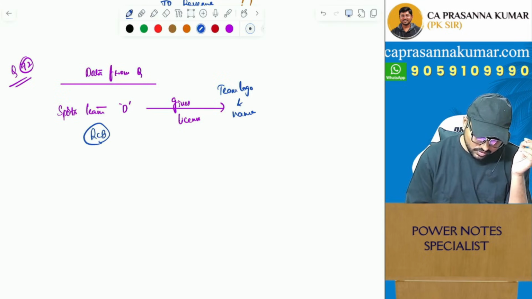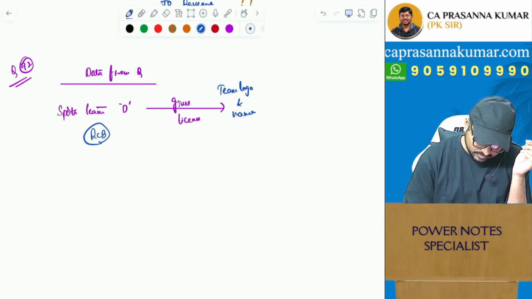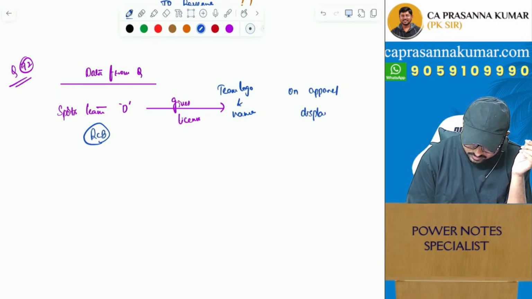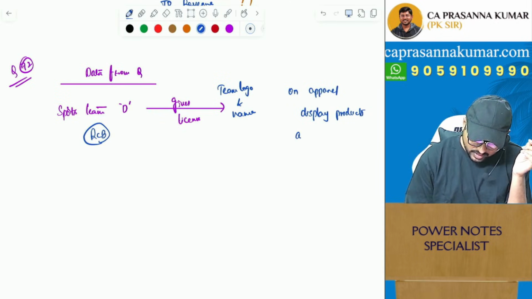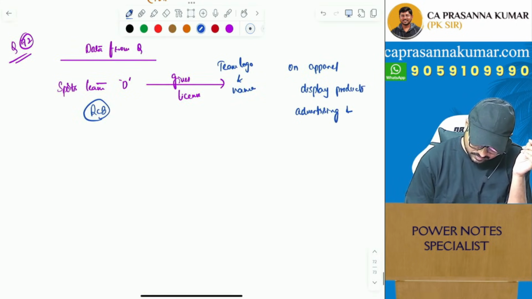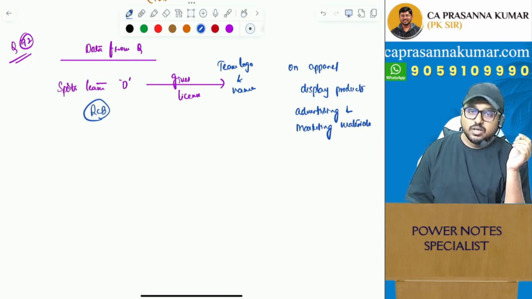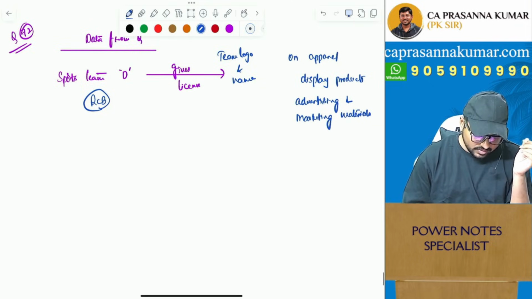You can use that on apparel, on display products, and in advertising and marketing materials. A lot of people will buy, na? You understand the point? This is what is actually happening.